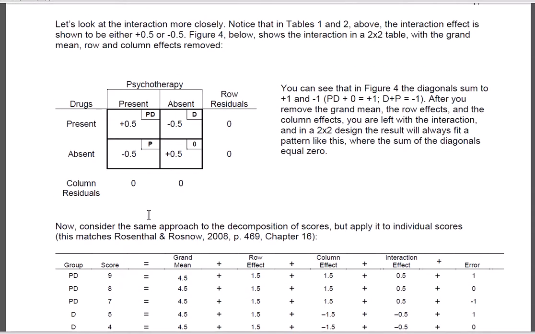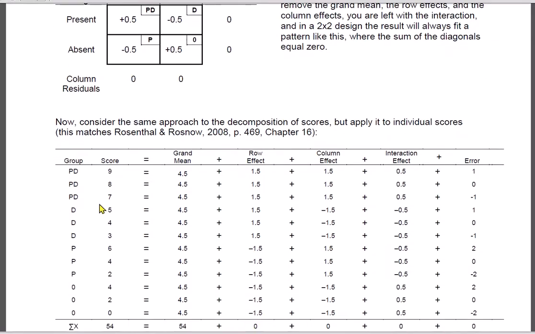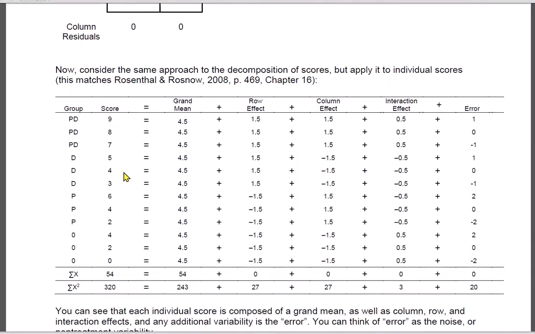So I'll just skip past that because I don't think I can really explain that verbally here any better than that. But let's look at the individual scores. The individual scores, the same way that we looked at the group means and decomposed the group means into their constituent parts, we can do the same thing with individual scores.